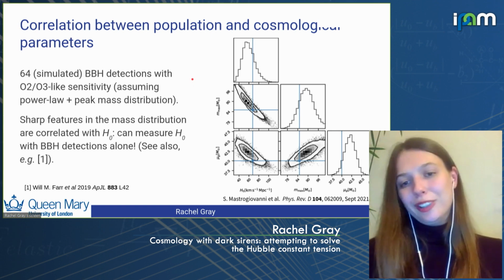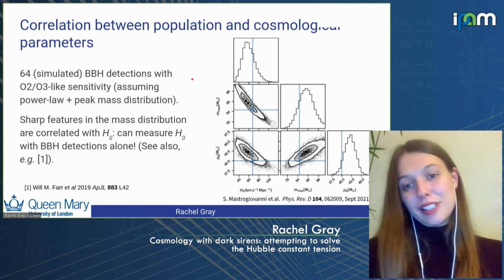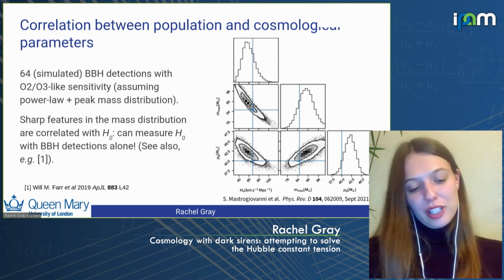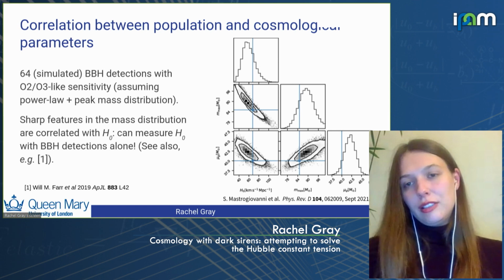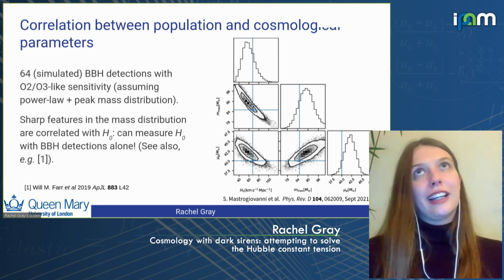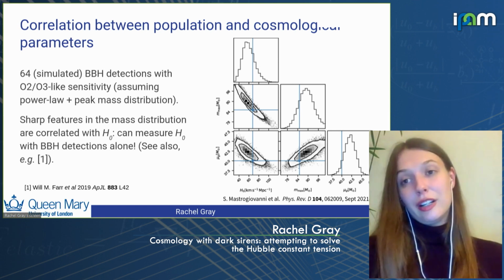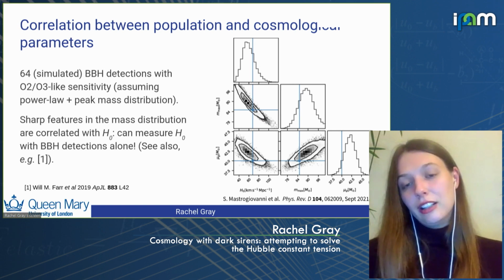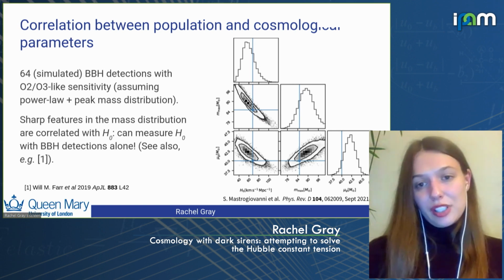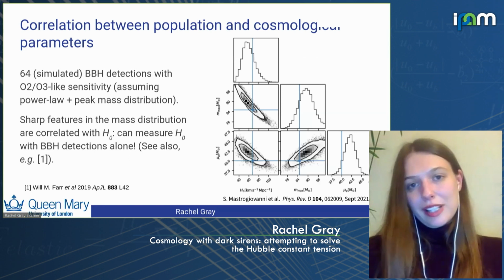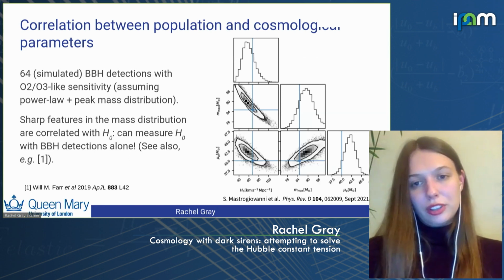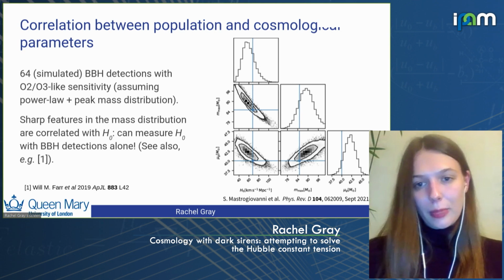I think it's really cool because it essentially means that there is cosmological information just in the population of binary black holes. I'm going to say you don't need galaxy catalogues, but there is additional information there which isn't dependent on galaxy catalogues, which is great for including more cosmological information.